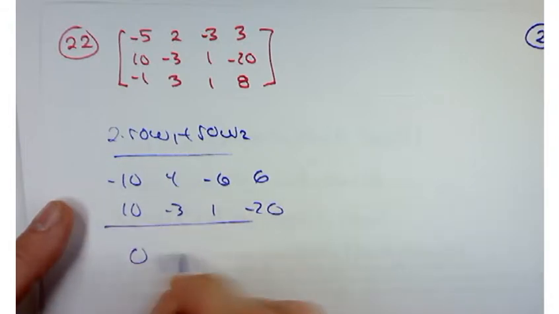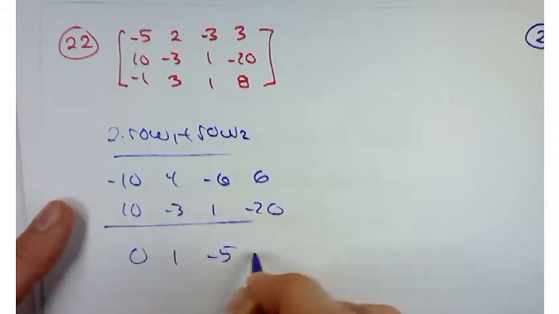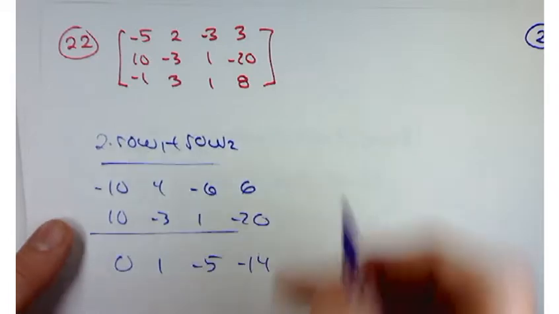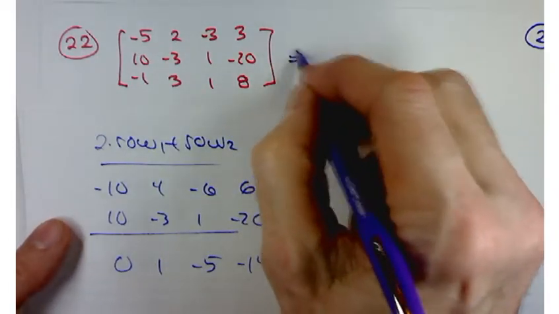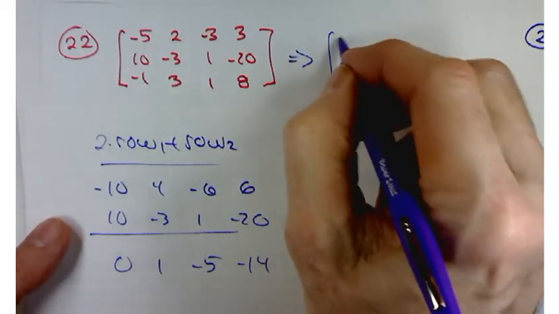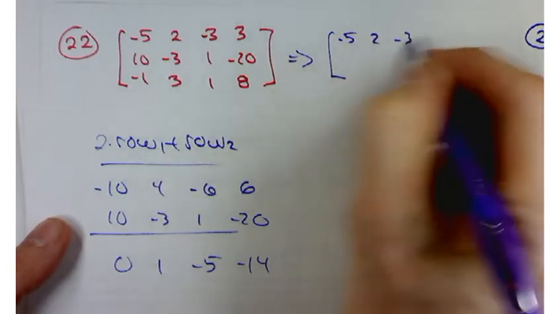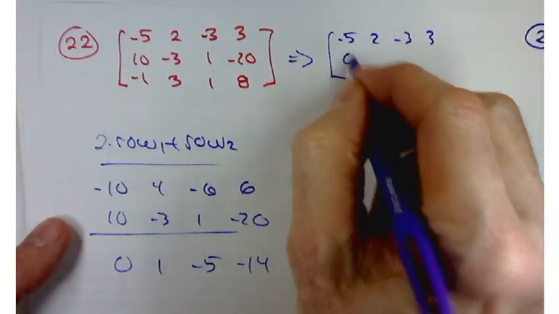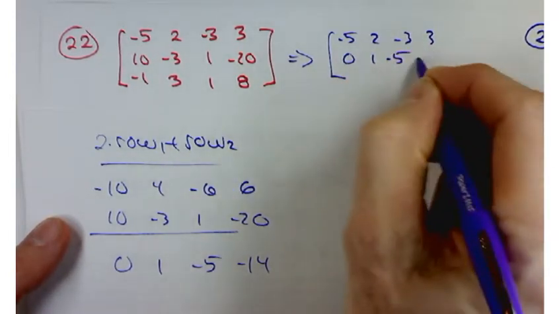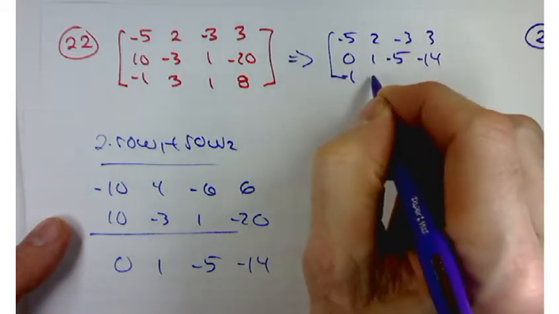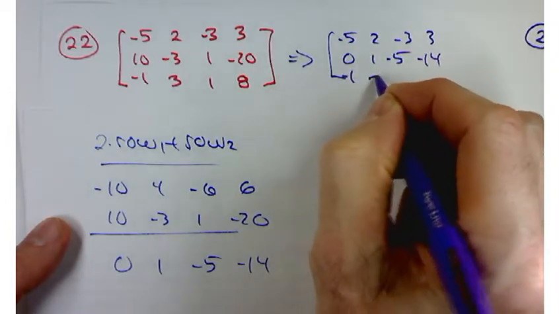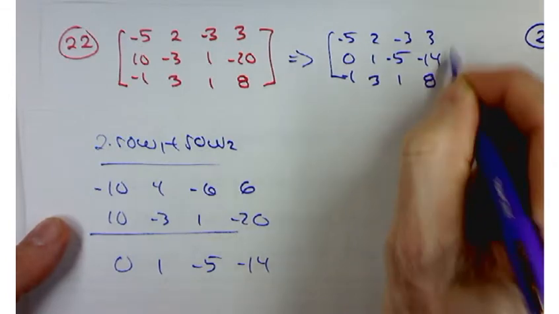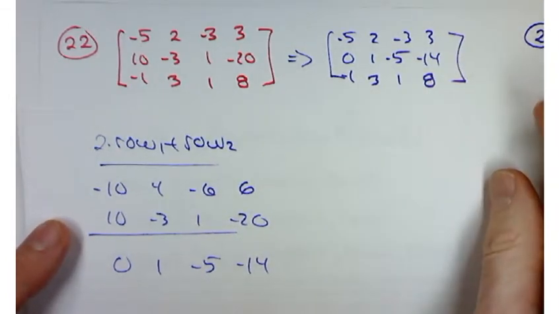And that gives me 0, 1, negative 5, and negative 14. So then you'd write down your next matrix, which would look like this. Negative 5, 2, negative 3, 3, 0, 1, negative 5, negative 14, negative 1, 3, 1, and 8. And then you got to do it again.